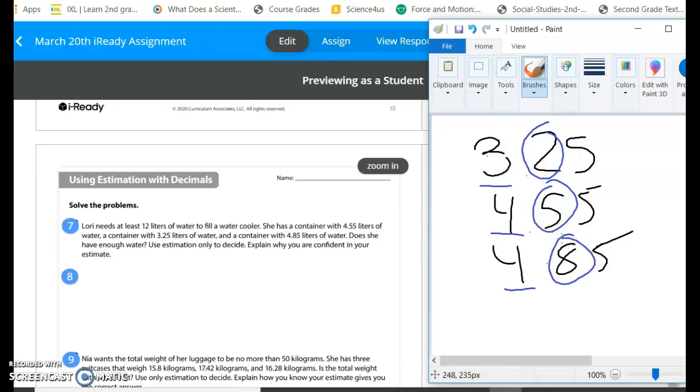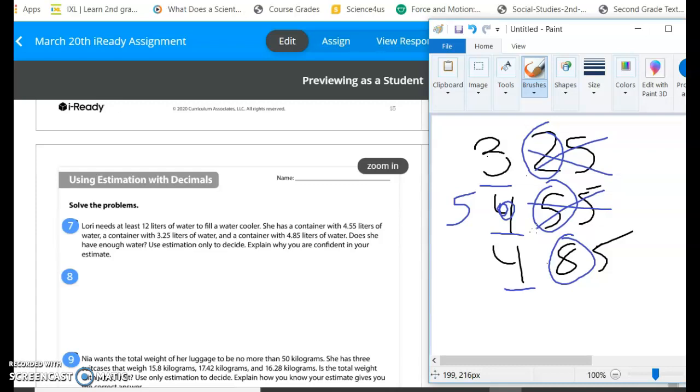2 is less than 5. It's 1 through 4. So this 3 is going to stay the same. So I'm just going to leave that out. 5 is 5 or greater. So I'm going to raise this 4 to a 5. So this is now a 5 without any decimals. 8 again is above 5.